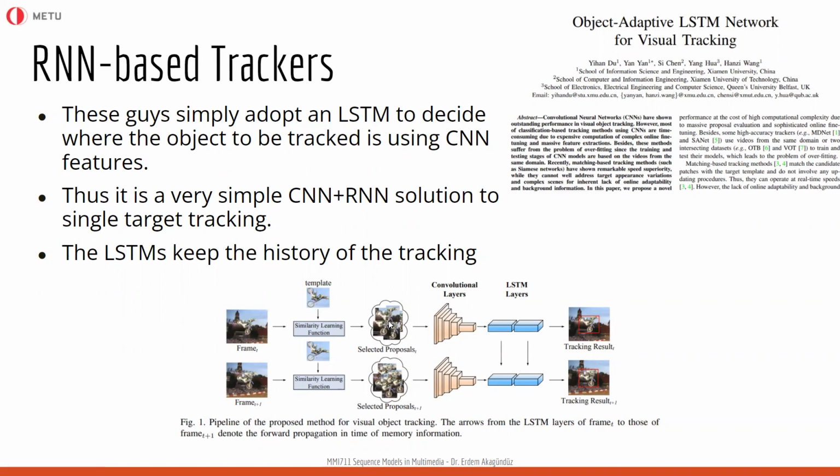So the proposals here are a list of regions, rectangle areas, regions of interests, ROIs, from different places of the image and from different scales. Maybe one ROI is 40 by 40, the other one is 45 by 45 pixels. I don't know. So these are selected proposals. They are called proposals.